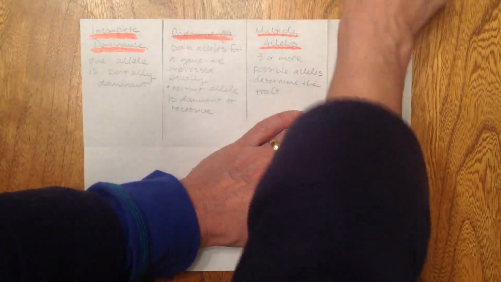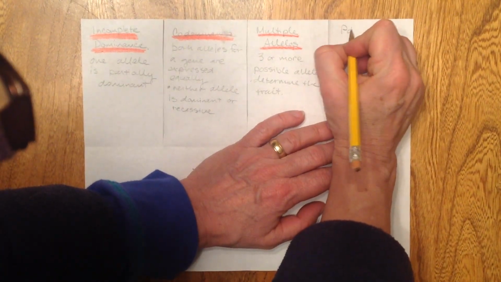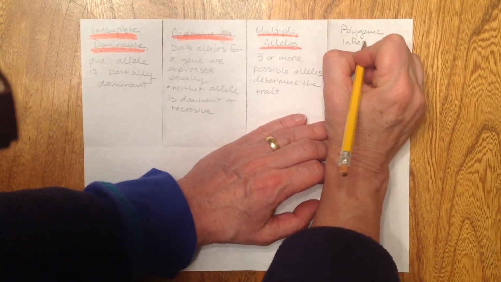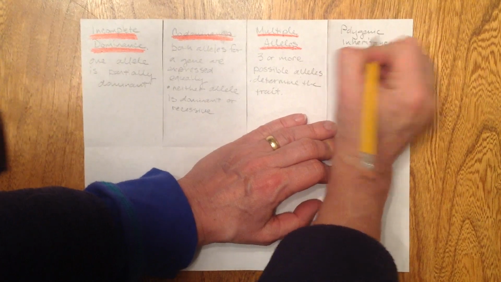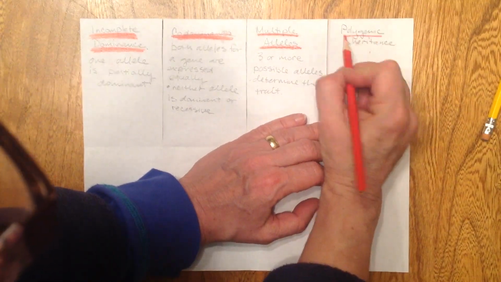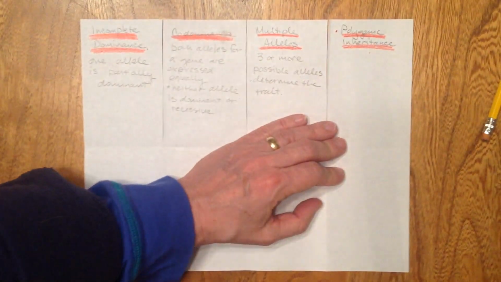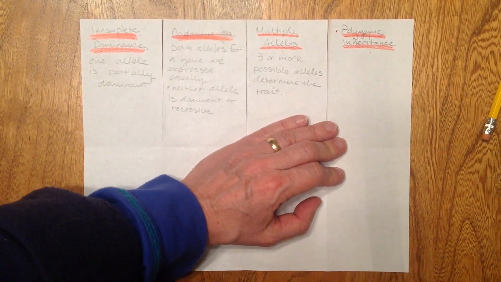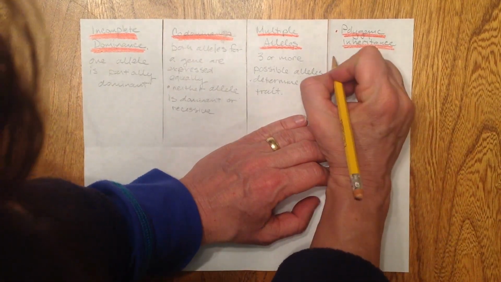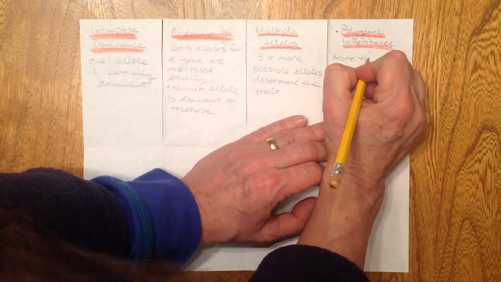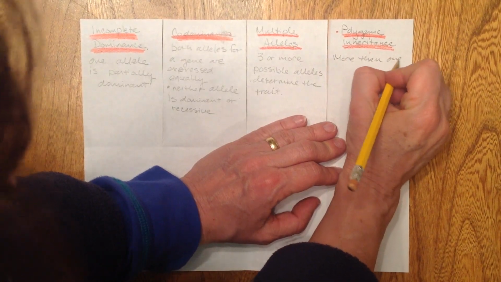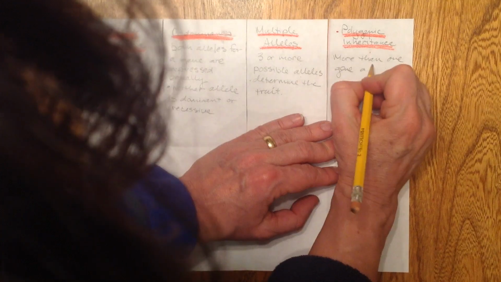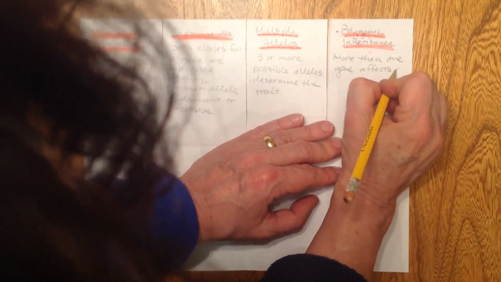And then the last one is called polygenic inheritance. Let's make that red. And in polygenic inheritance, more than one gene affects a trait.